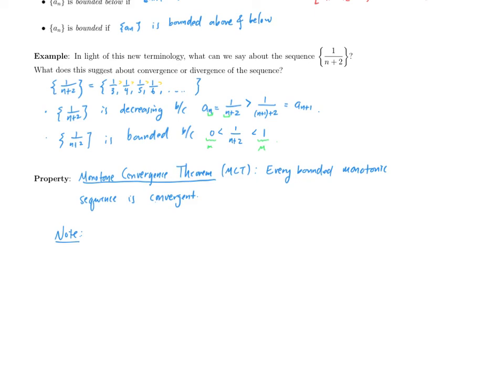So if we look at our example from above, 1 over n plus 2, we noted it's a decreasing sequence, which means it's monotonic. And we also noted that it is bounded.